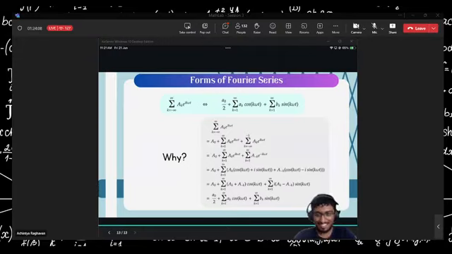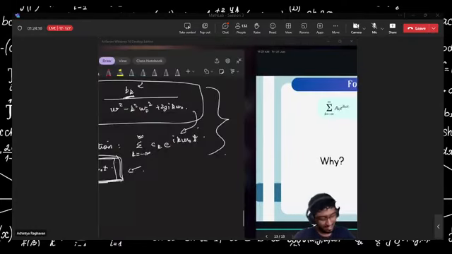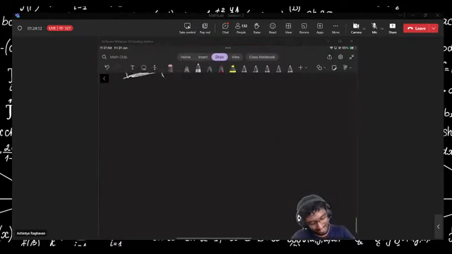Okay, here is an interesting thing. If you have limits from minus infinity to infinity, it is in fact true for any limit.